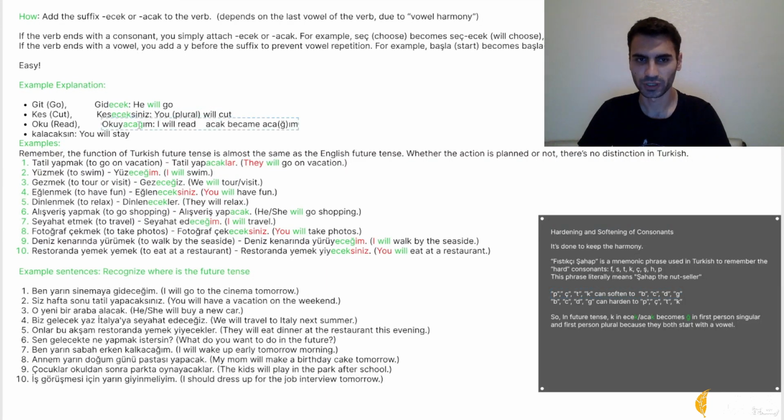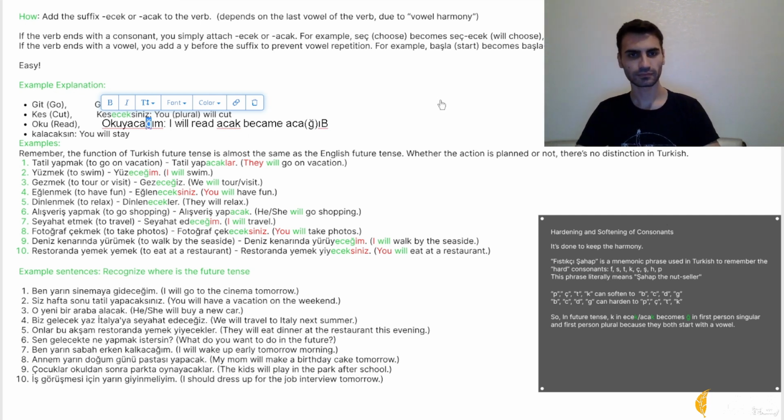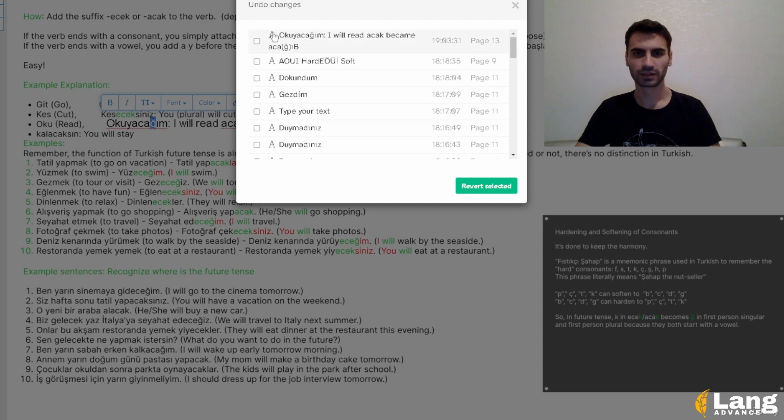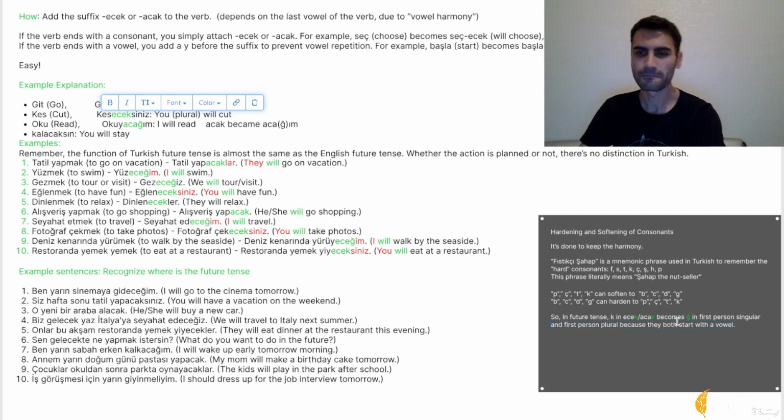Why is it yumuşak G here? Because okuyacağım doesn't sound practical. And practicality is important in Turkish. So, there is the rule of hardening and softening of consonants.